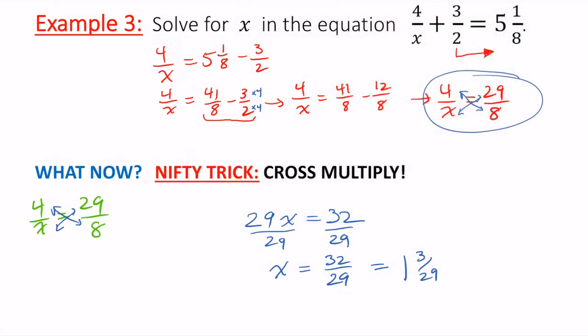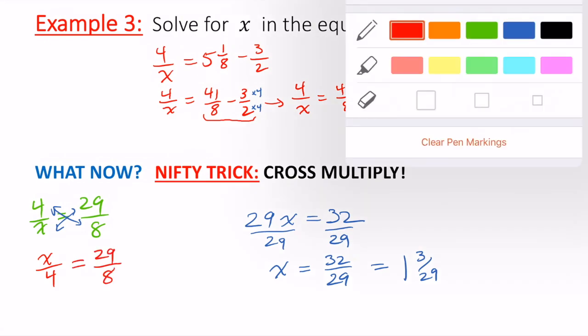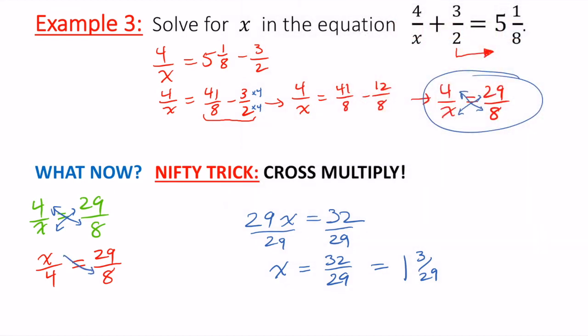And it will also work in scenarios like this one, where let's just say, for example, it was x over 4 and 29 over 8 on this side. It would still work the exact same. You would cross multiply, and you would have 8x on one side. That would be 8 times x equals, and 4 times 29 on the other side.